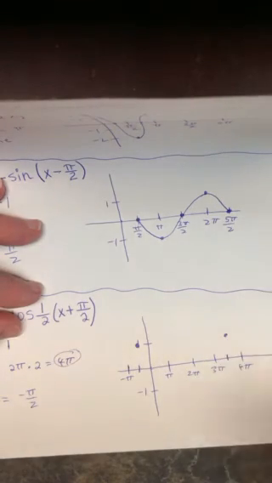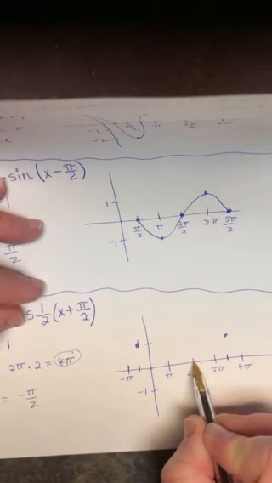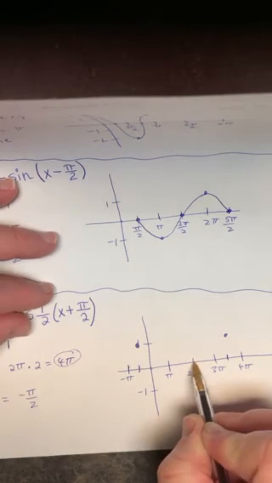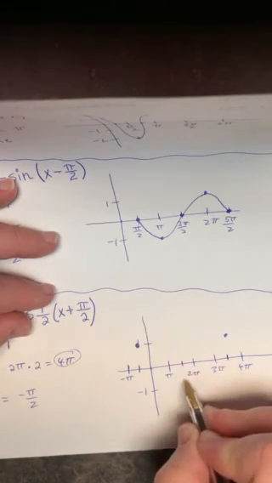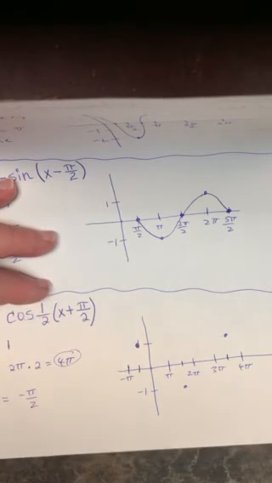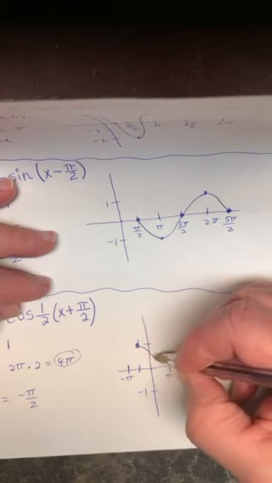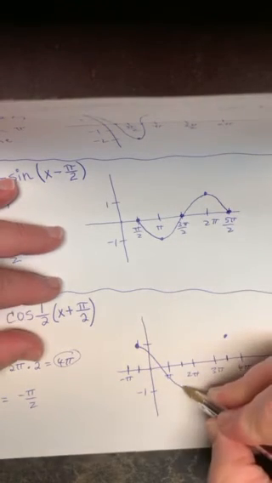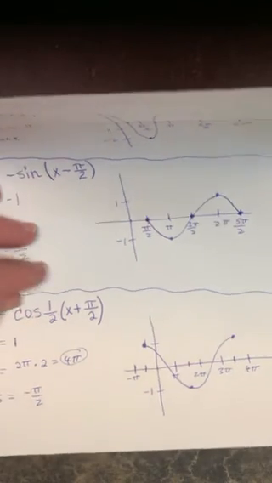So my middle dot would have been 2 pi if there wasn't a horizontal shift, but there is a horizontal shift of left pi/2, and that's where I'll achieve my minimum of -1. Okay? So with that in mind, I can now come through and make a nice looking curved shape that looks like a cosine graph.